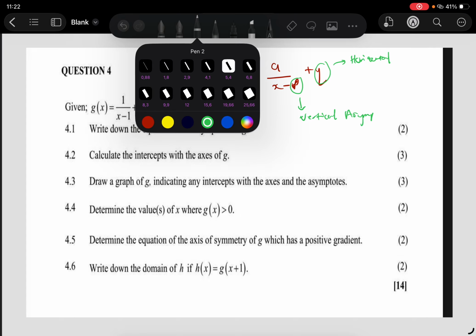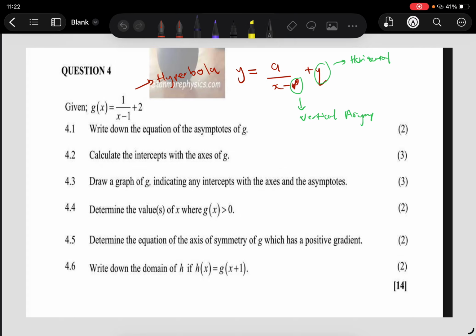Now, the formula given is in that form, where this is our p and this is our q, and 1 is our a. It is important to understand the sign of a so that we know which two quadrants our function will be drawn in.